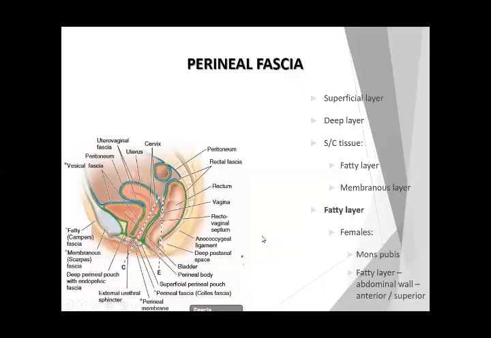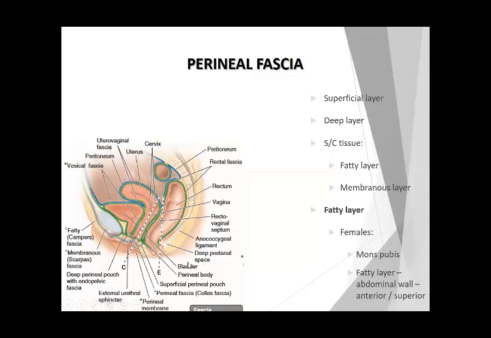Fatty layer of perineal fascia. Please follow this yellow thing. I told you earlier that the fascia in the perineum is continuous with the fascia present in the anterior abdominal wall, which has a fatty layer and a membranous layer. This yellow is the fatty layer.